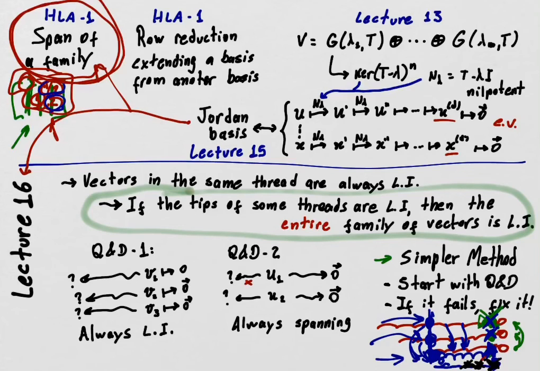It just has fewer vectors. That's how you reduce a collection of threads, which is probably the most complicated step in this, but at least it's systematic. It doesn't have many variables or many instructions to keep track of. You just try to manipulate your collection of threads in a systematic approach, in a methodological way, until in the end you get a Jordan basis.